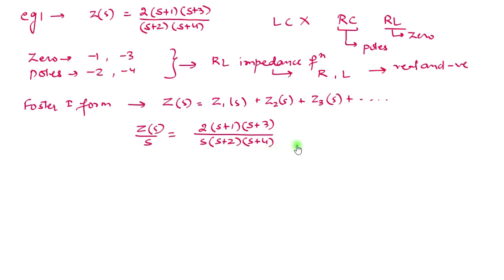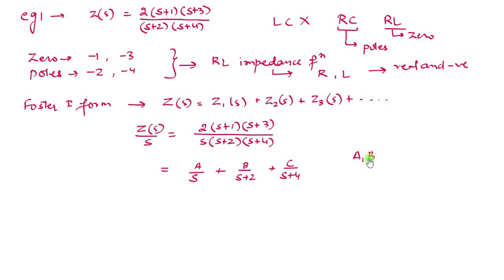Now I can also see that the degree of numerator is less than the degree of denominator, and I can directly apply the partial fraction methods. So applying the partial fraction, I'll get a by s plus b by (s plus 2) plus c divided by (s plus 4), where a, b and c are the residues.